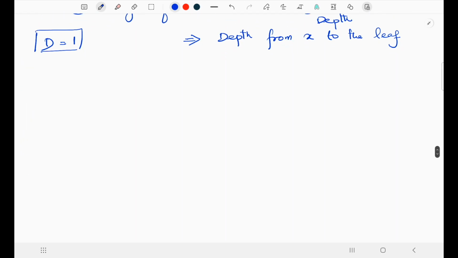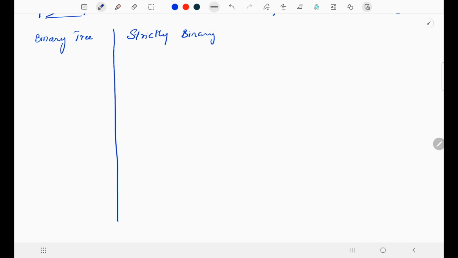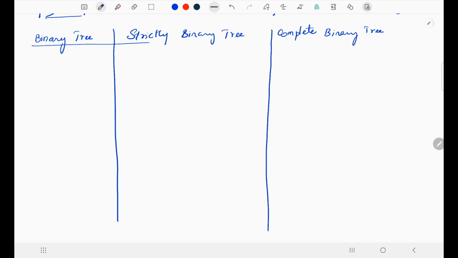Now let us compare with some others. We compare the binary tree, strictly binary tree, and complete binary tree. Now, what is a binary tree? A binary tree has at most two children, meaning it may have 0 children, 1 child, or 2 children.